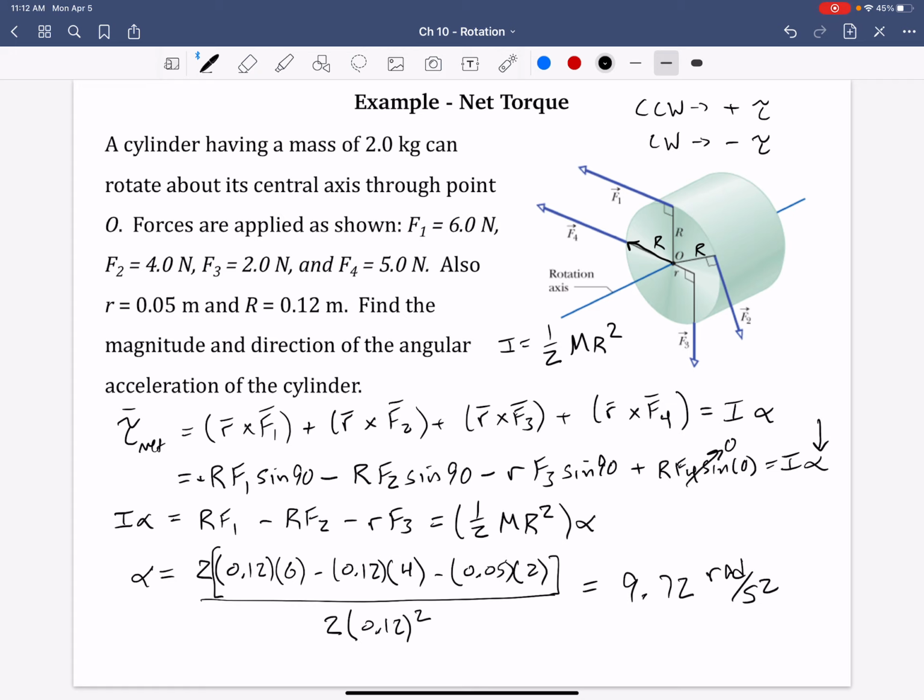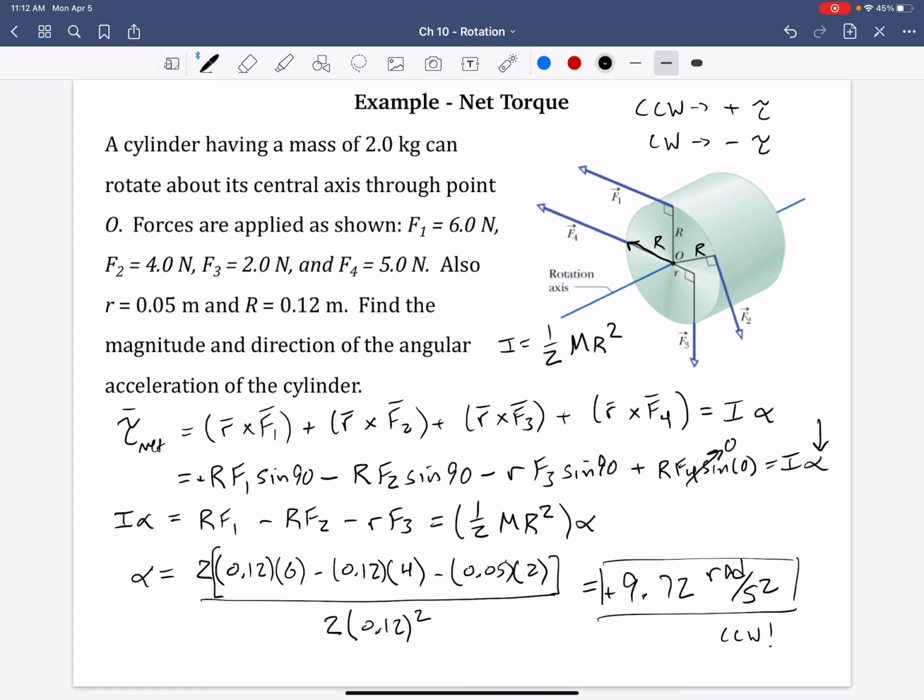So we end up getting a positive value, which means that it will be counterclockwise. Sorry, I said something different and wrote something different. Positive torque means it'll be a counterclockwise direction.